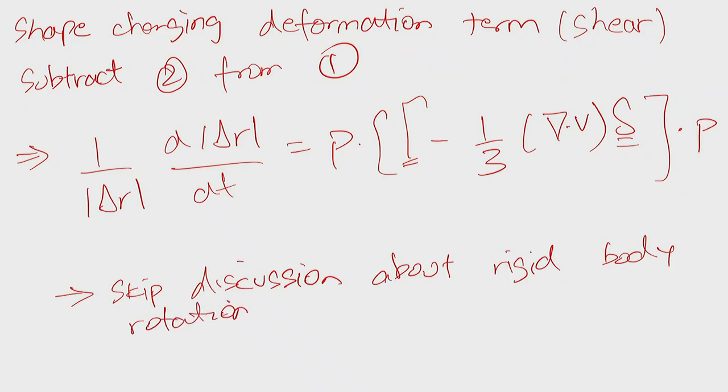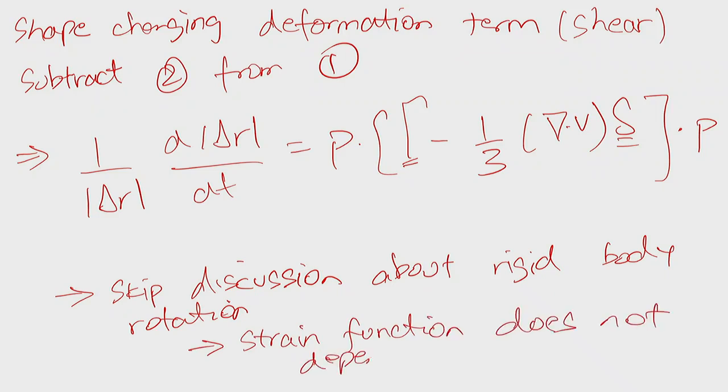I will mention here that the strain function does not depend on omega. So we'll come back to the omega term probably in a few lectures when we talk a little bit about vorticity, but for now it's not important.